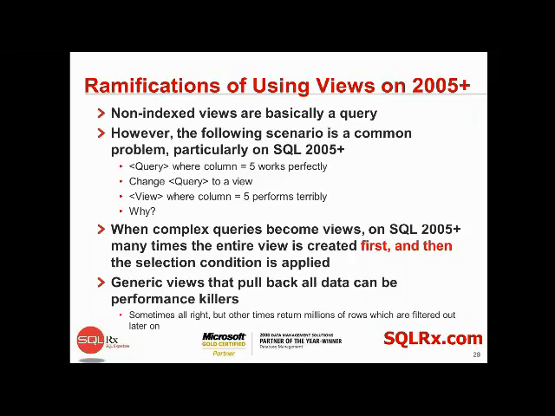You change the query to a view, and then you say view where column equals 5 performs terribly. Why? And invariably, this will happen in production when the database finally grows big enough, and suddenly there's a big mess.